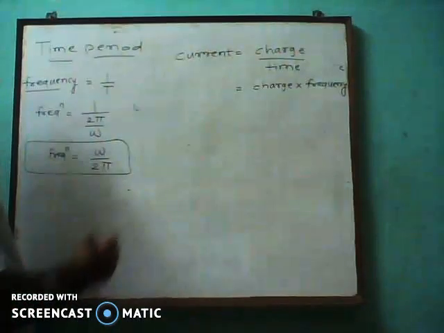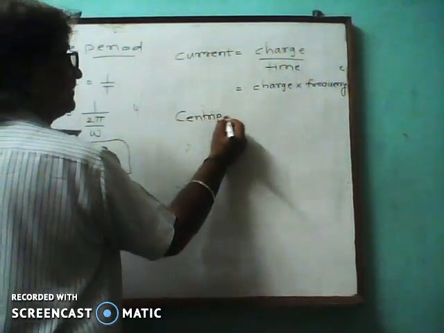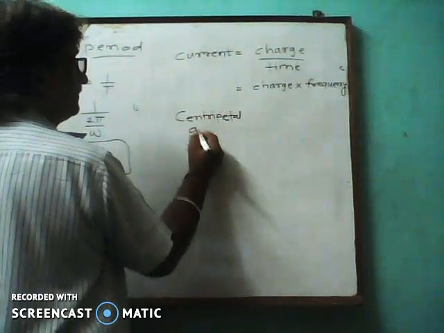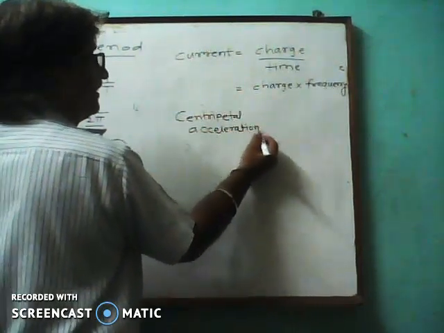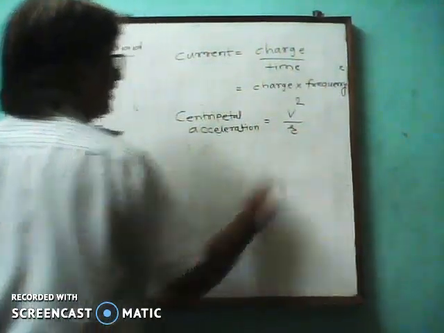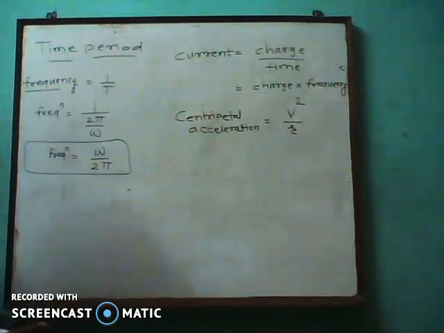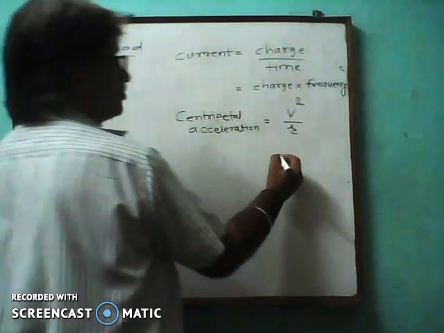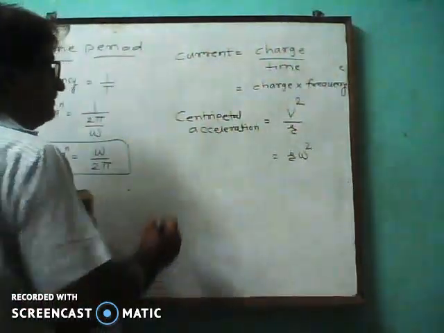Another formula is centripetal acceleration. It is v square upon r, or if v equals r omega is taken, it can be written as r omega square.